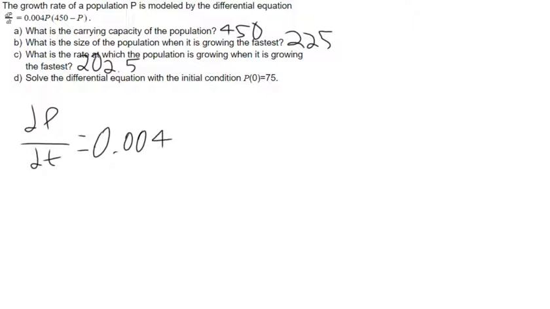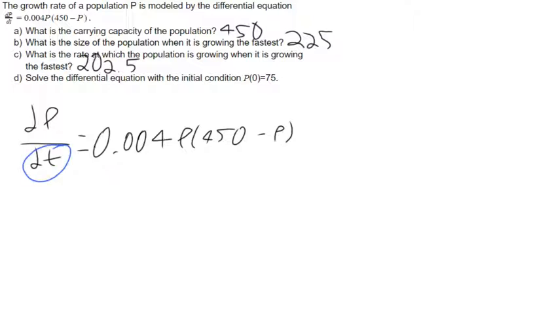so I will erase this so we have room to do it. And we're looking to solve the differential equation, and we have the initial condition right here. So I will just write this down. dp dt equals 0.004 p times 450 minus p. First step, separation of variables.